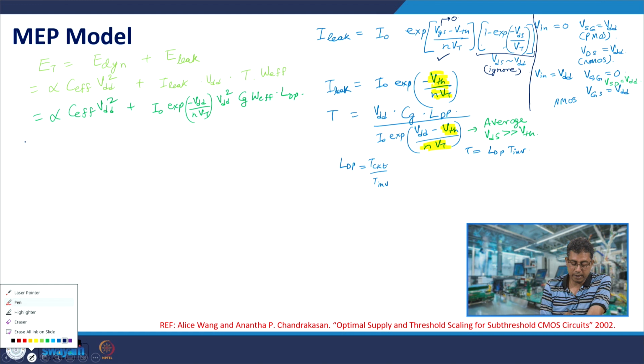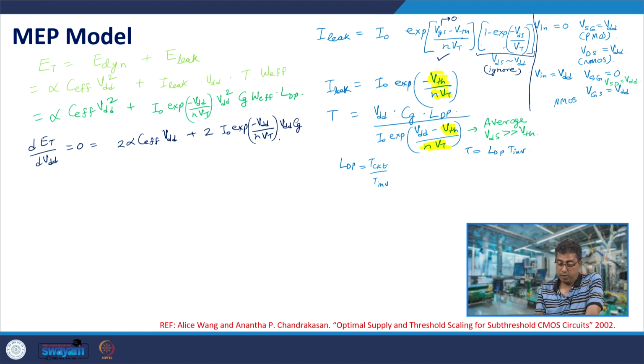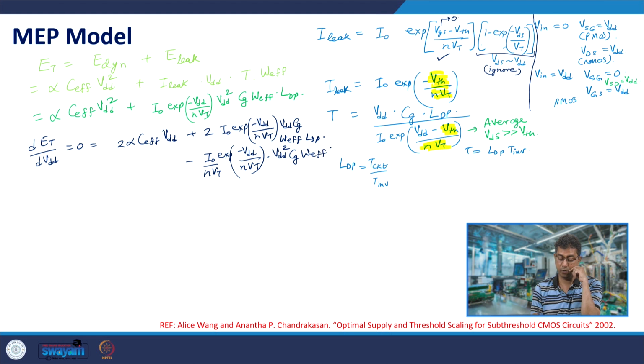You just take the derivative d total energy by d VDD, that should be equal to 0, and that becomes 2 alpha C effective VDD plus 2 I naught exponential minus VDD by NVT VDD Cg W effective LDP, minus I naught exponential minus VDD by NVT into VDD square Cg W effective LDP by NVT.